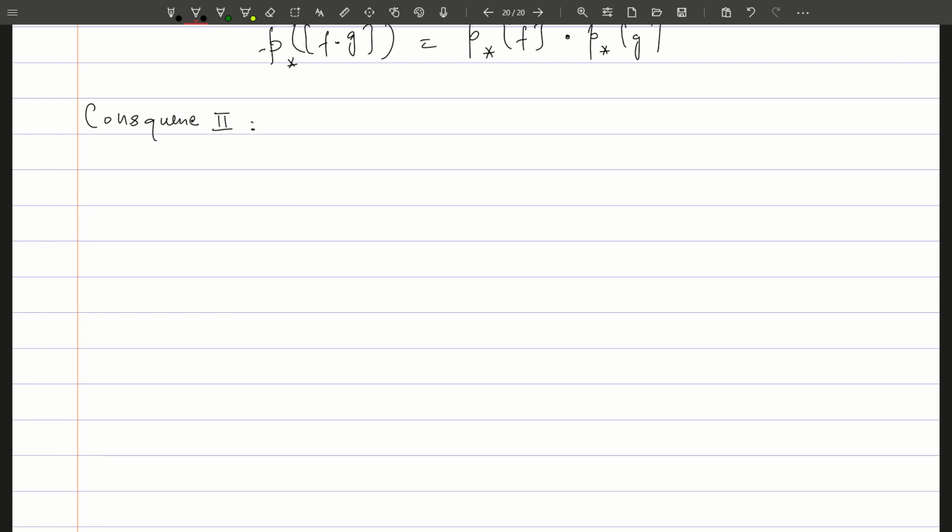It states that, let P from X tilde to X be a covering map, let X naught tilde belong to X tilde be a point.